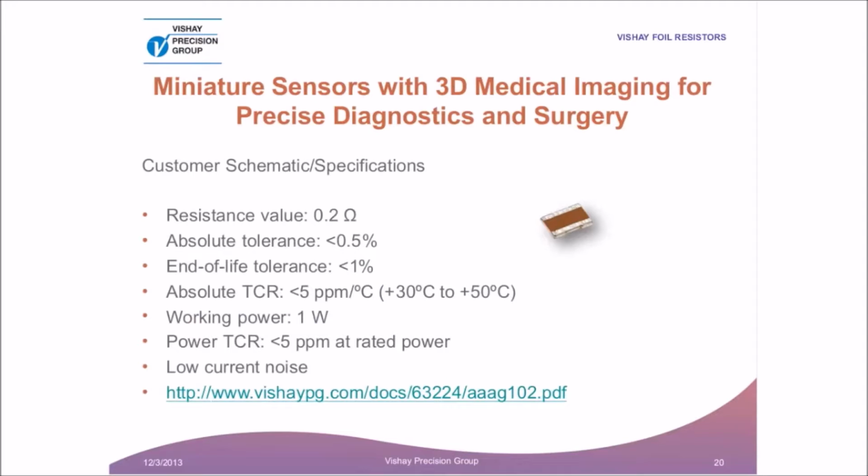The TCR is 4 ppm per degree C, and the tight tolerance is 0.1%. As you can see on the slide, the working power is 1 watt. And the absolute requirement from the customer was to have a less than 5 ppm per degree C TCR over a temperature range of 30 to 50 C. Next slide, please.